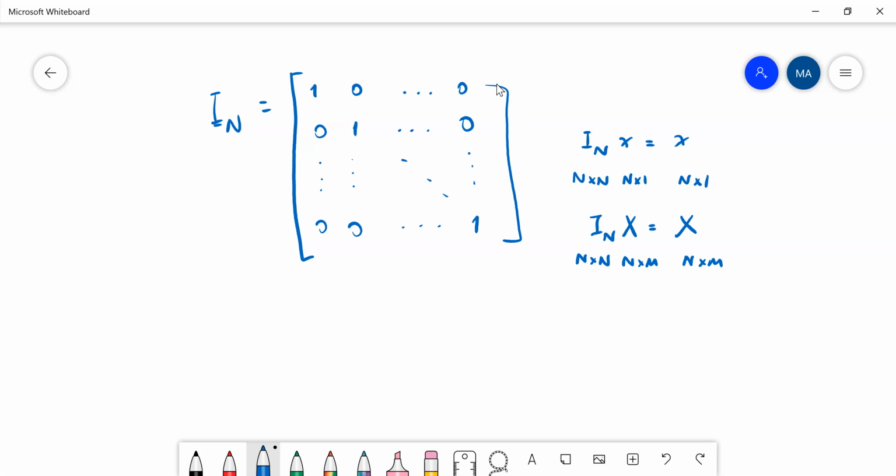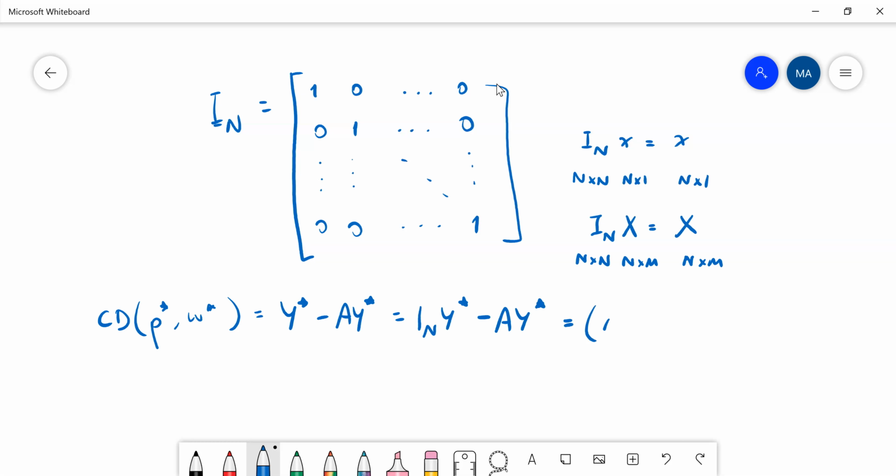Now, if I do that, so I have what? I have CD P star omega star plus A y star, and then I have In y star equals A y star plus CD P star omega star, and then careful, I can write this. Because this is n by n, this is also n by n, right? And this is n by 1.